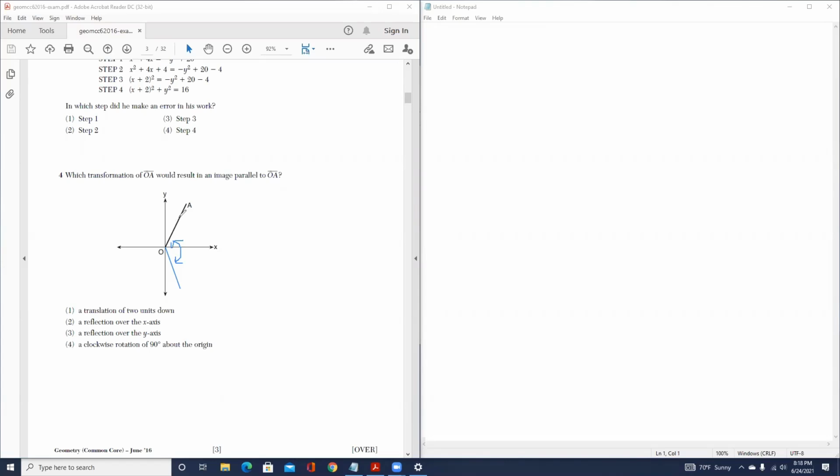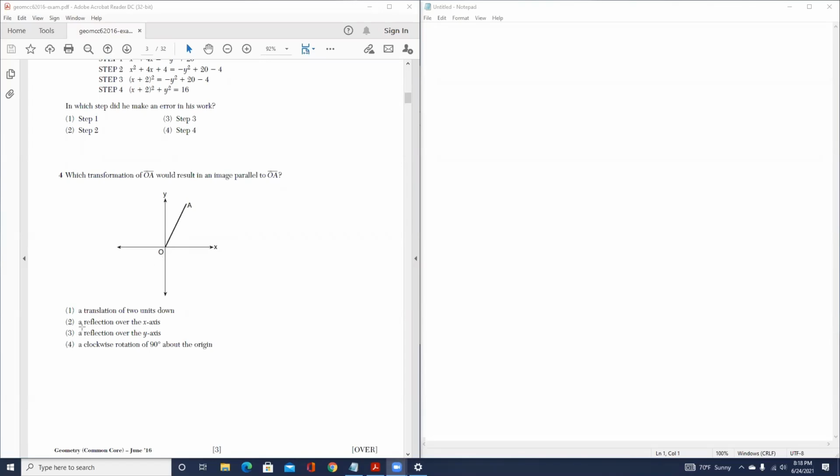And this is the case that these lines are obviously not parallel. Now, choice 3, a reflection over the y-axis. Imagine the y-axis like a mirror, and the reflection would look like that. Once again, this would not be parallel, as is very obviously visible.